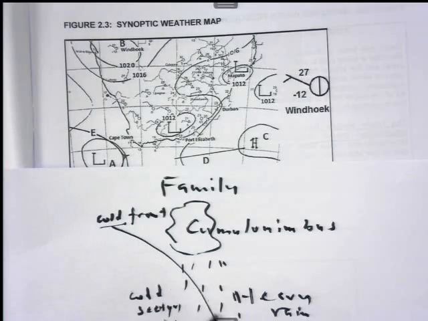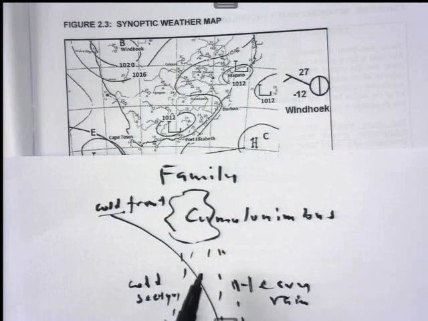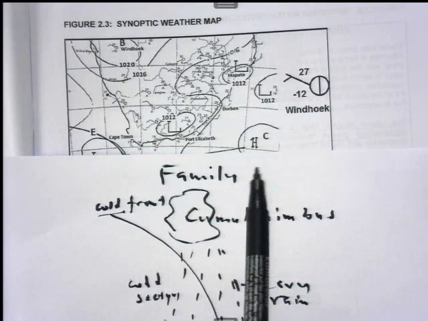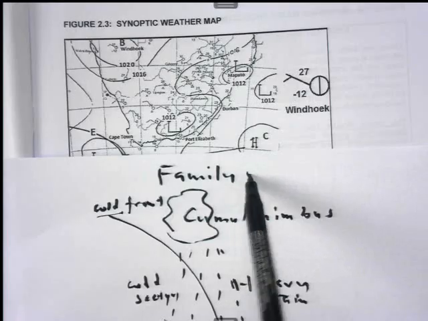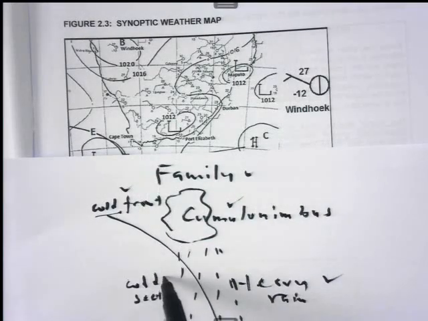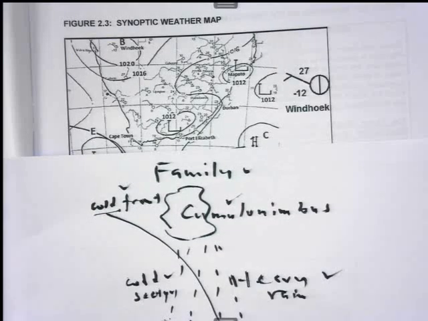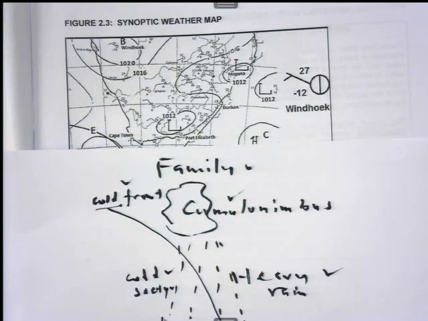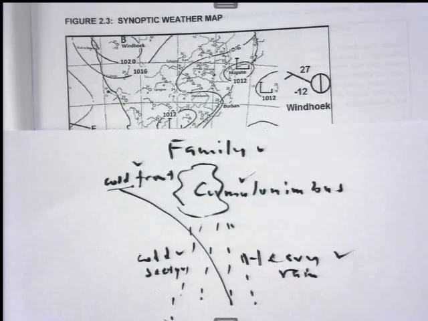Behind the cold front, we will always have cold air, and then the resultant precipitation from the cumulonimbus clouds there will be our heavy rain. So that was where your 4 marks came from. There you have your cumulonimbus, you have your cold front, you have your heavy rain, you have your cold sector. So out of that, you were expected to get 4 marks. Remember, where we started with the cross-section of the tropical cyclone. Now we are at the cross-section of a mid-latitude cyclone.